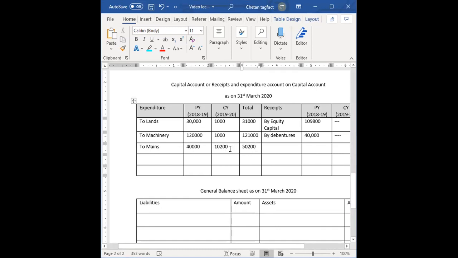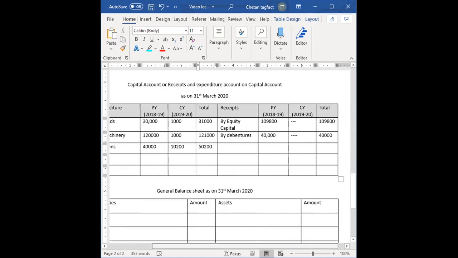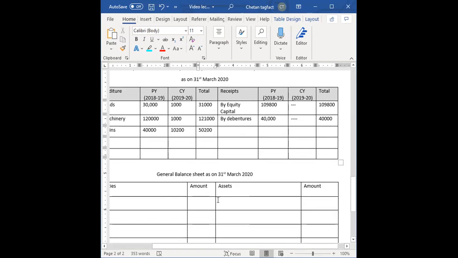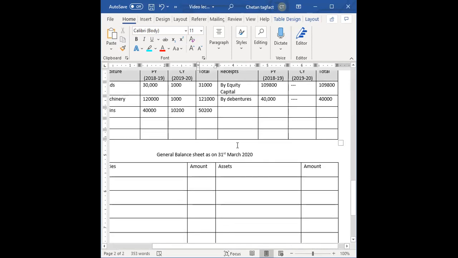So now once we have completed with the items, now we are going to find the total. Remember, once you have taken the items, we are not going to balance the accounts, both the debit side as well as the credit side. We only take the total of the total column. So you just make the total of these columns and retain as it is, and these amounts will be taken in the appropriate places in your general balance sheet.